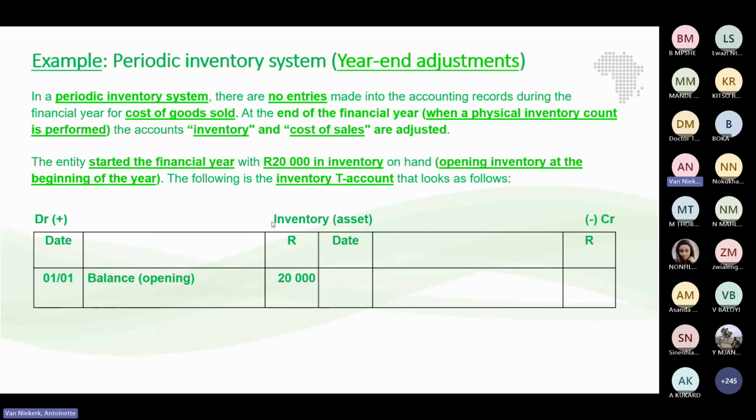Inventory is an asset account, so it increases on the debit side. Just make a mental note that the opening balance of an account is usually on the increasing side of an account. So since inventory increases on the debit side, the opening balance will be on the debit side, and then you will record the 20,000.